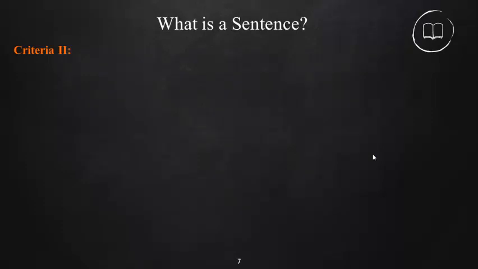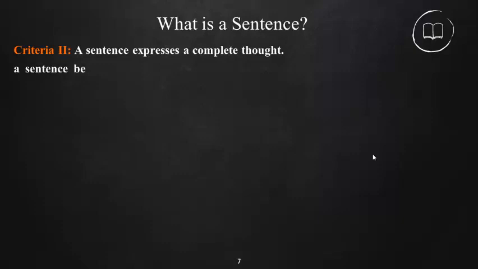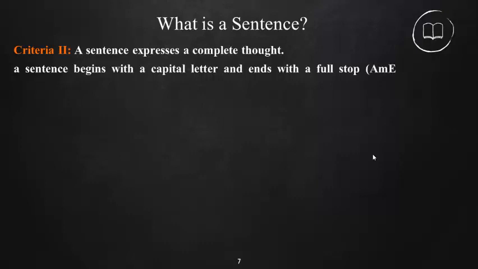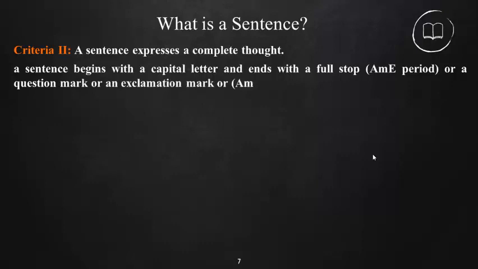Now we go to criterion number 2, that the sentence expresses a complete thought. So a sentence, as we all know, begins with a capital letter and ends with a full stop or a period, or a question mark if it is a question, or an exclamation mark.